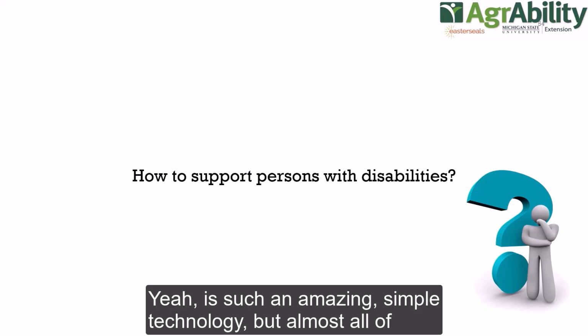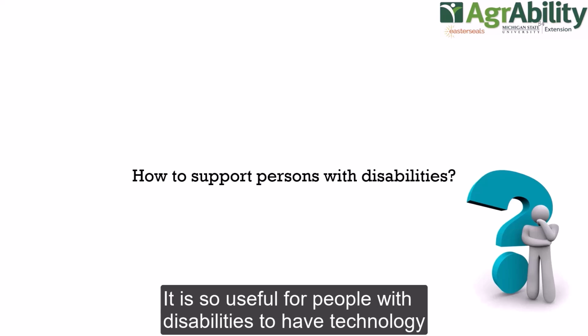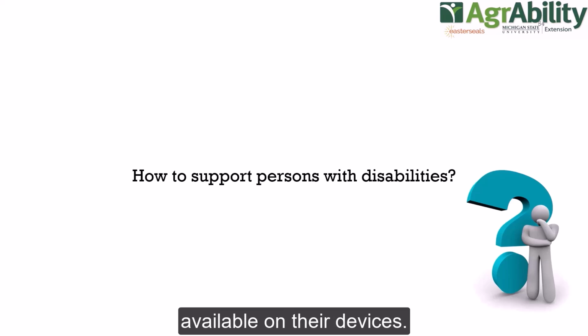that weren't available before suddenly become available, or things like infrared, which is such an amazing, simple technology, but almost all of the device makers have gotten away from it because it's old. Right. It is so useful for people with disabilities to have infrared technology available on their devices. Yeah.